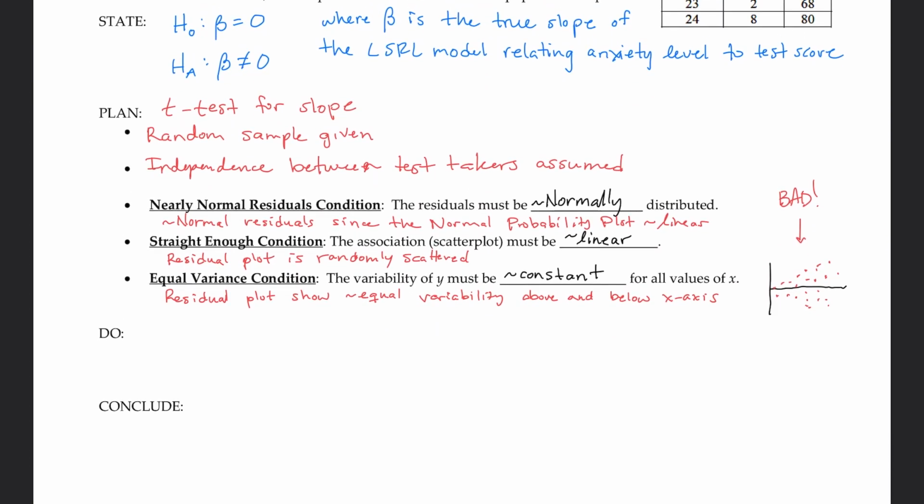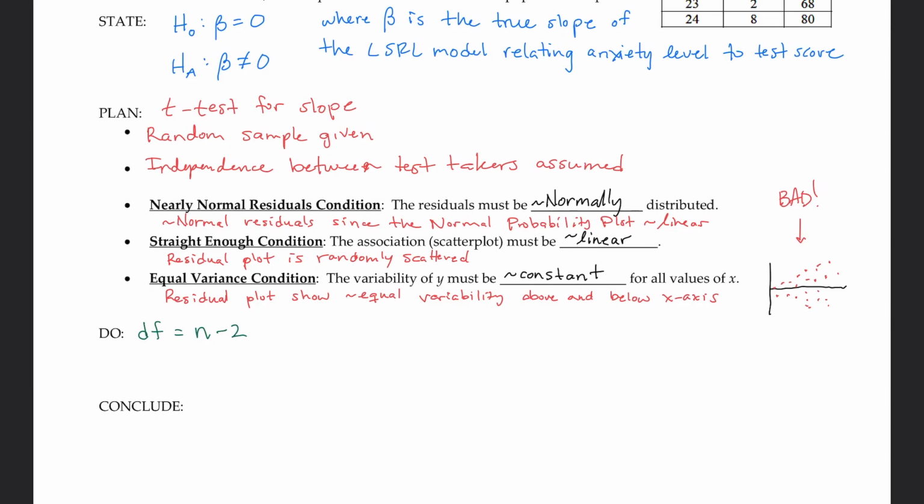We're going to let the calculator do a lot of work for us here, but I did want to remind you of some formulas and some other calculator functions. And I need to introduce you to degrees of freedom. So t-tests have degrees of freedom, and we have them here as well. Degrees of freedom in this case is going to be our sample size minus 2, because we have two different variables, is the layman's explanation.